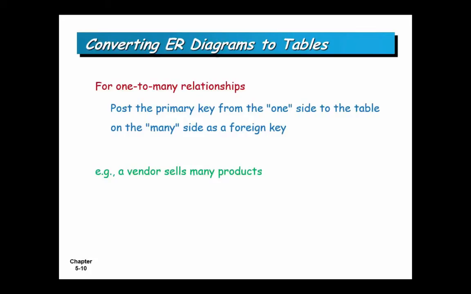Well, the correct answer is the product number would be posted on the vendor. No, the vendor number would be posted on the product table because there are many products for a given vendor. So in the one-to-many, if a vendor sells many products, the one side is posted on the many.